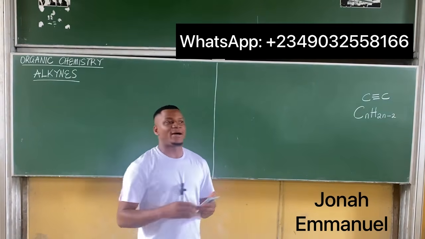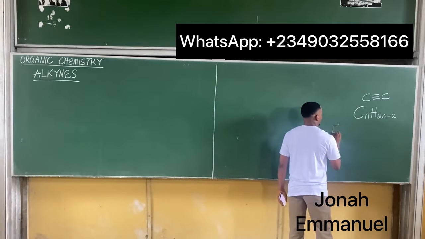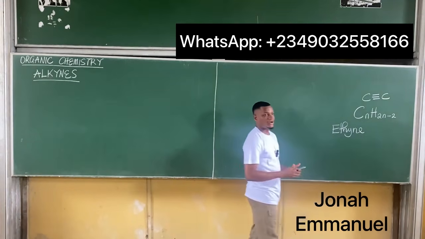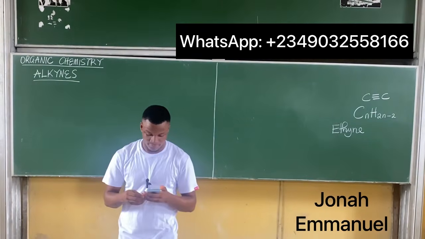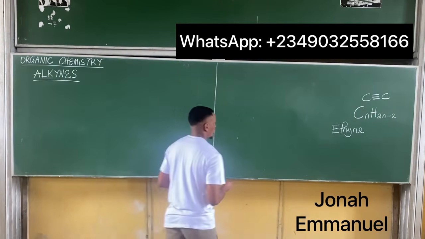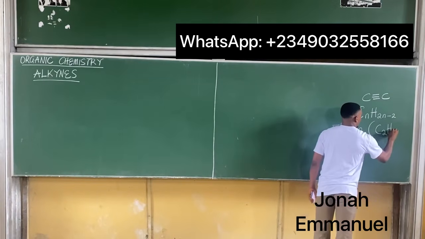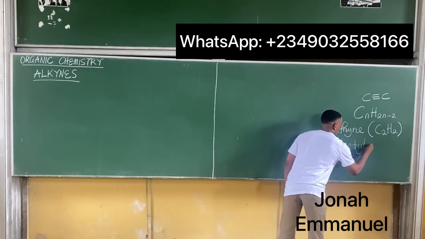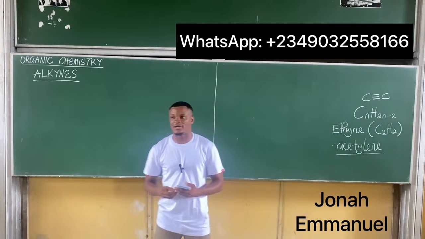The simplest member of the alkyne group is ethyne. Ethyne is C2H2, and it's also called acetylene.